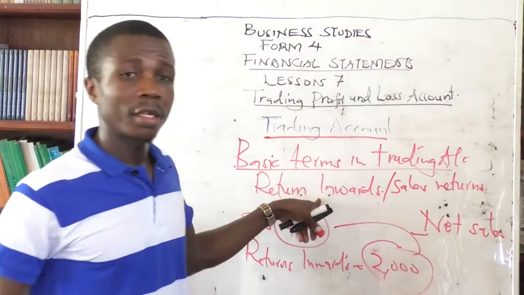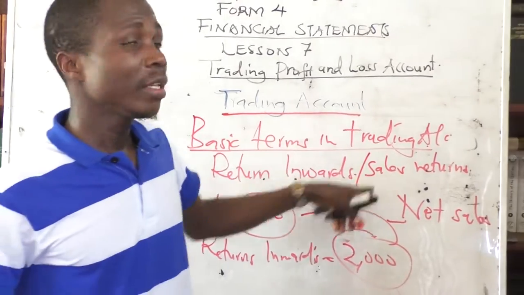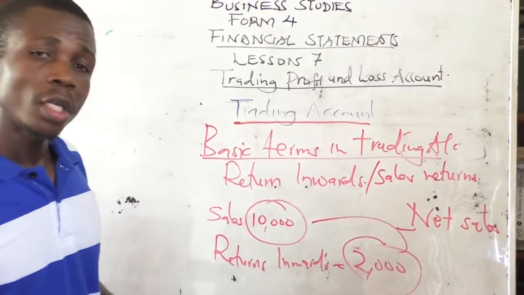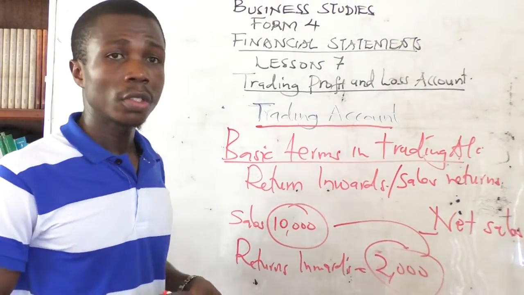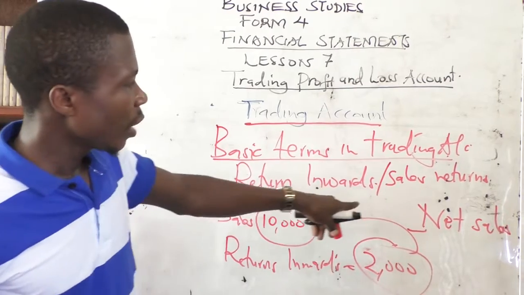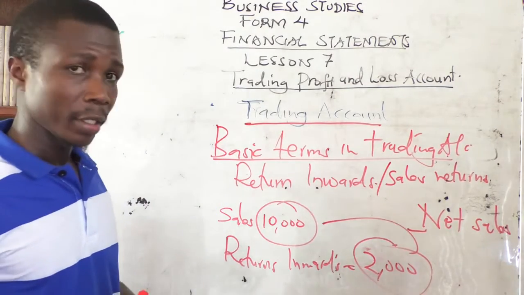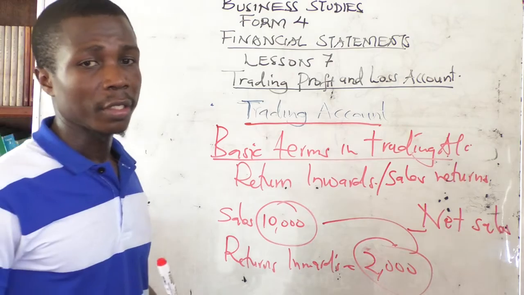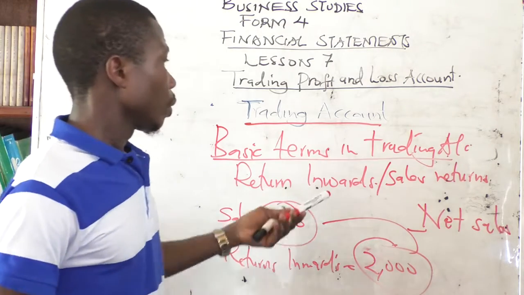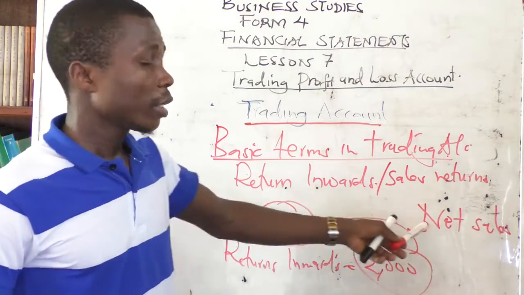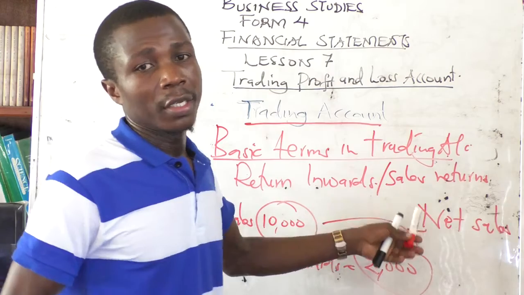If they fail to say return inwards, they may say sales return. So in preparation of the trading account, when there is sales return, you subtract it from the total sale, in any case if you are given that. When you subtract it from the total sale, it gives you what is known as net sale.